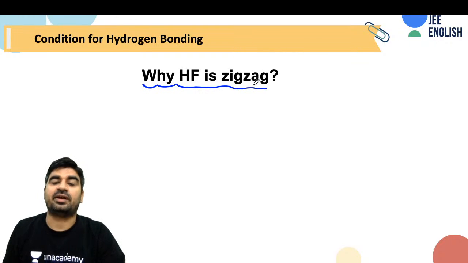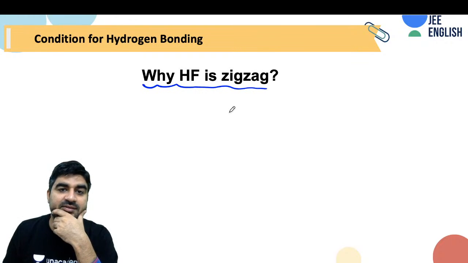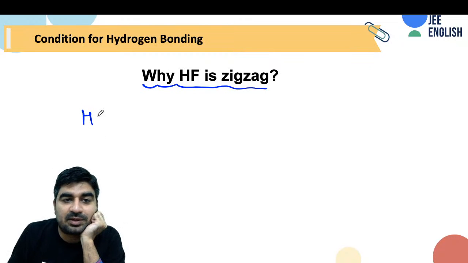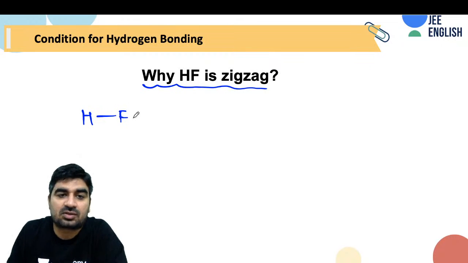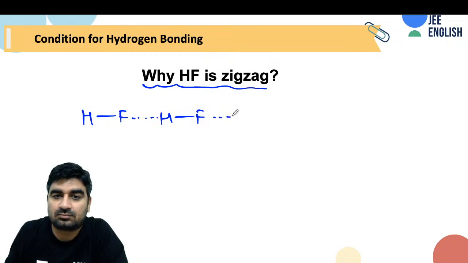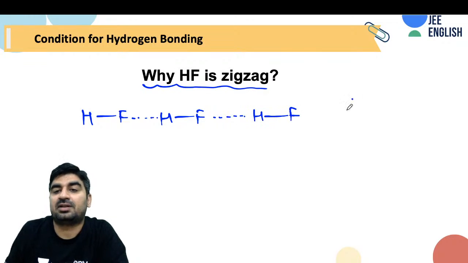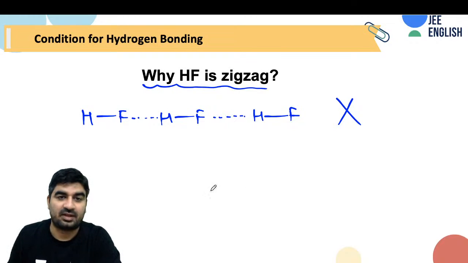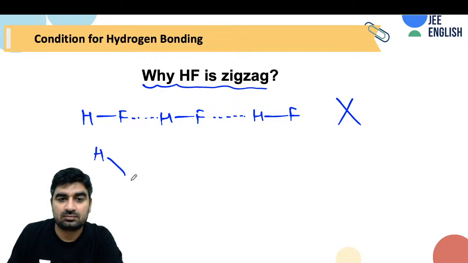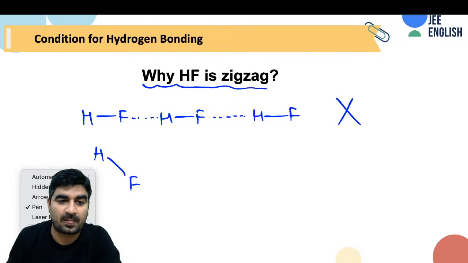So can you explain to me why HF is zigzag? Because if I'm making one HF, it could have been like this. Okay, but this is not like it. Actually, the structure of HF is like it.